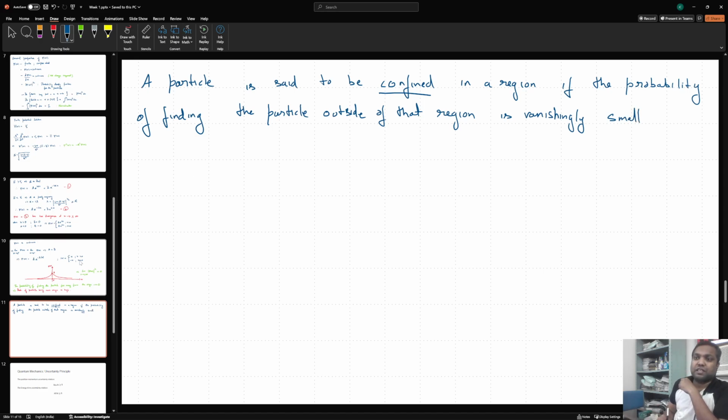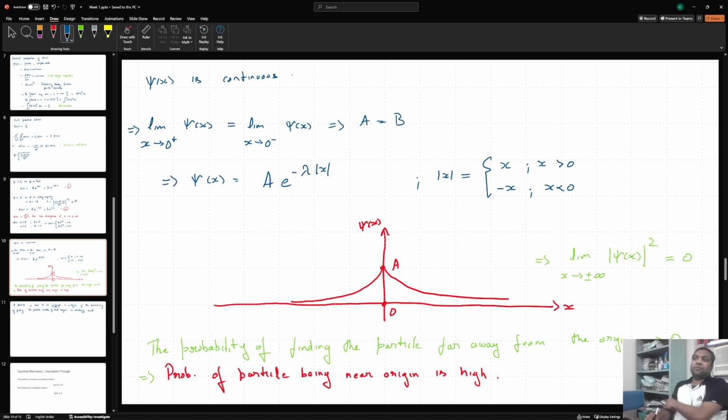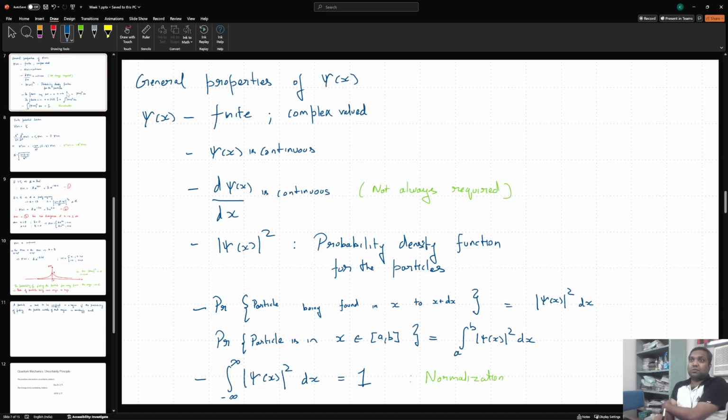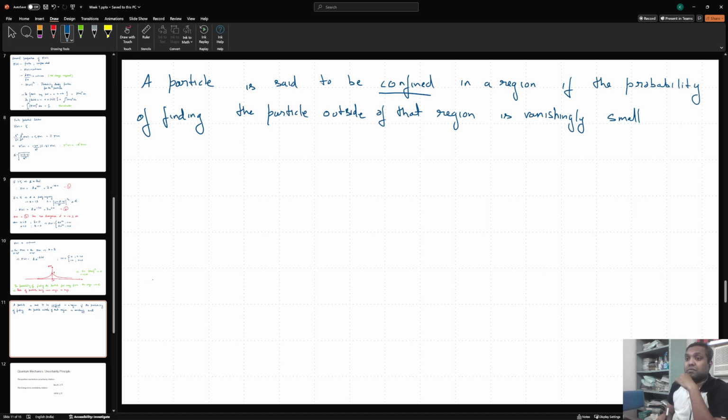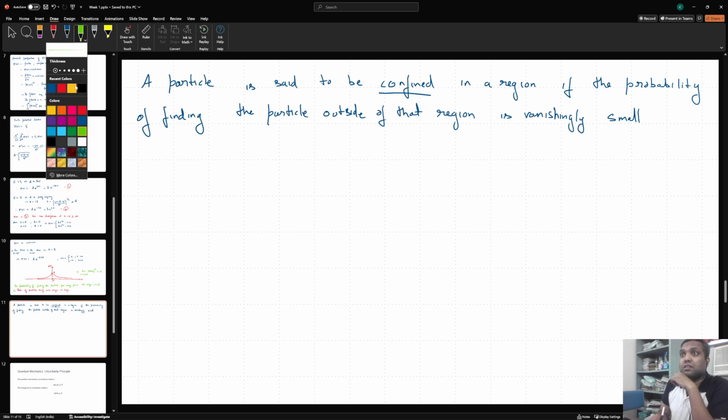Before I proceed any further, there is a way to determine what the value of A in this function is. To do that, all we need to do is look at this last condition, the condition of normalization. So what I will recommend is that all of you try to find the value of capital A. Before we proceed any further, let me switch to a different color.